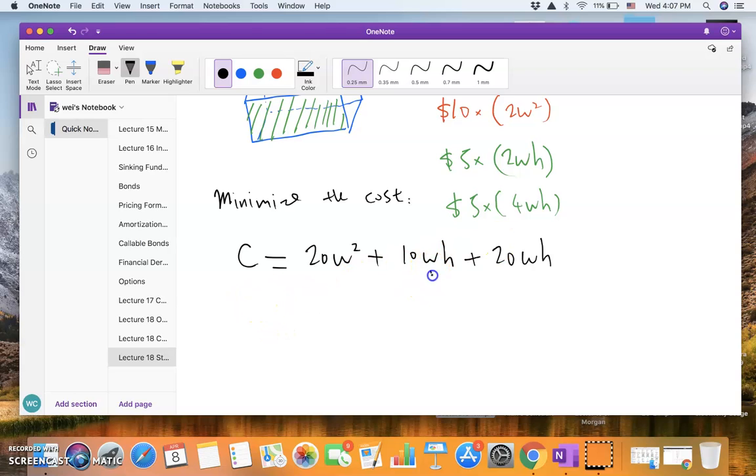Since we can combine these two terms, the cost is 20W squared plus 30WH. So I want to minimize this cost. This means I want to find which values of W and H make the sum minimal.